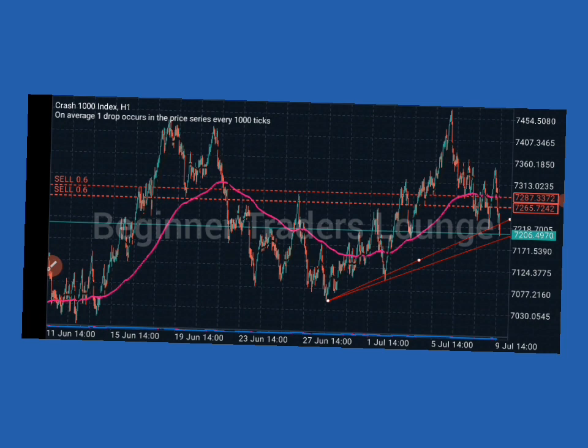Now I'm waiting for it to hit the trend line below, and on the upside of it, this market pierced the upside as well. I want to put my trend line there.